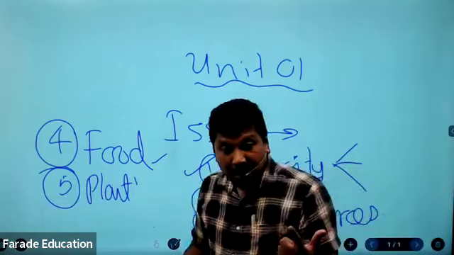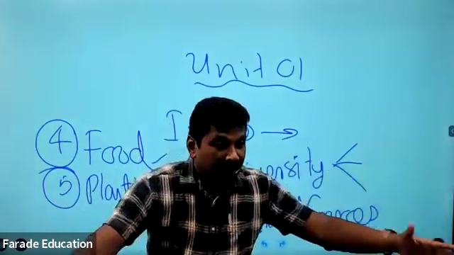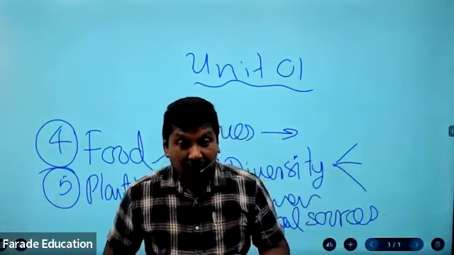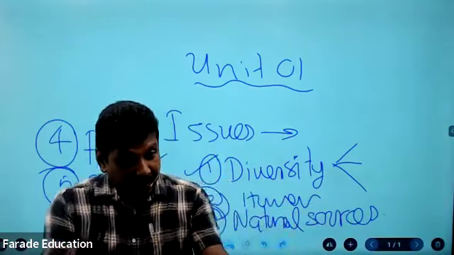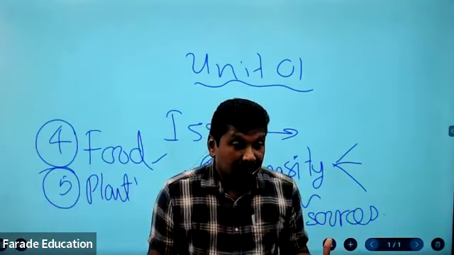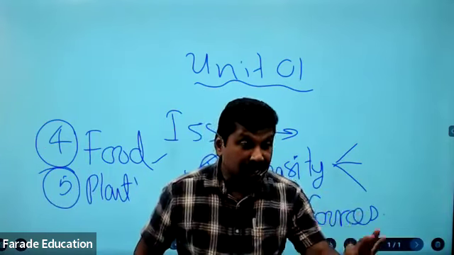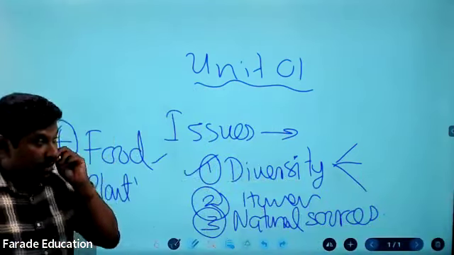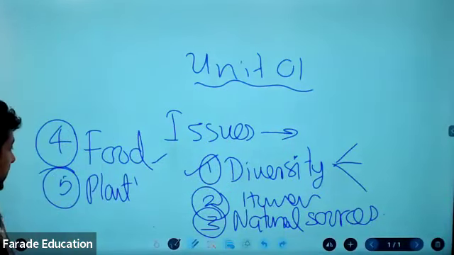And number two, those plants and animals should not get diseases, otherwise they will die or they will get ill and we don't get the enough crop, right? So therefore, we want to produce disease resistant ones. And then after the harvest is taken, we want to protect the post harvest crop for a longer time. So we use post harvest technology for that, right? If we do not do that, we won't be able to produce enough amount of food, right?